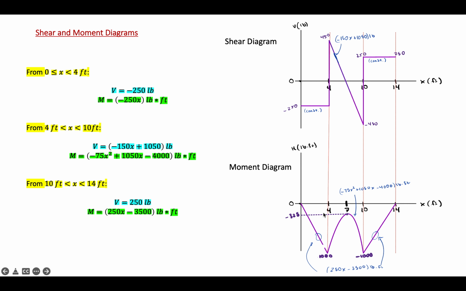Looking at 0 to 4, it has a negative linear slope. From 4 to 10, it's a negative quadratic function, which gives us the shape of a downward parabola. And from 10 to 14, we have a positive linear function.